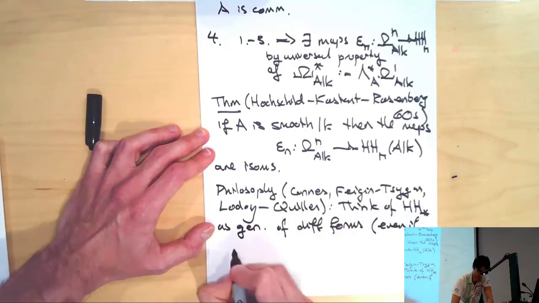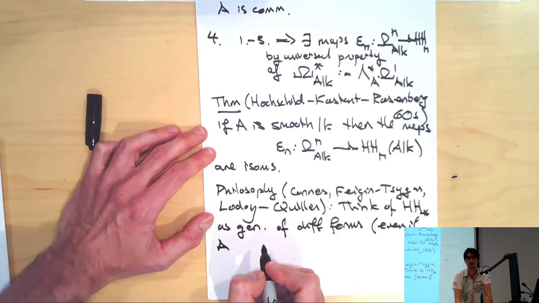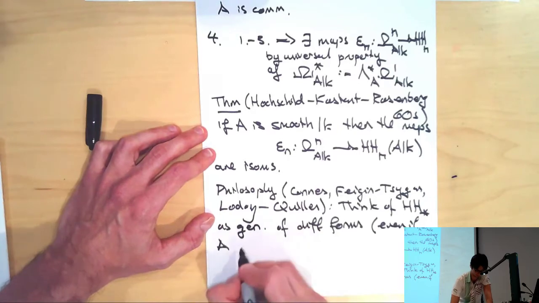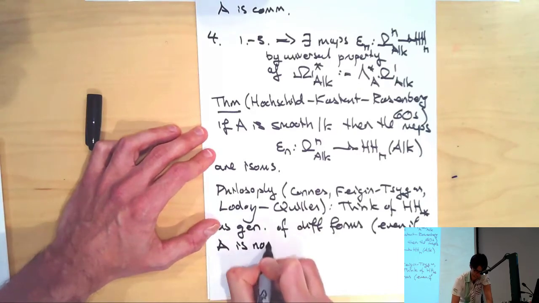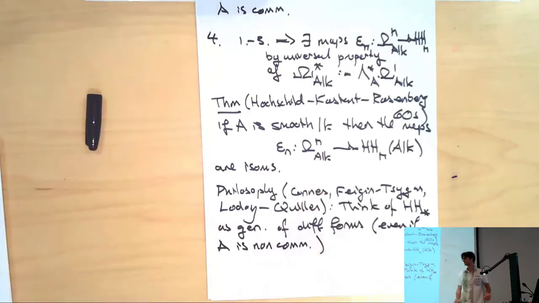Even if A is not just non-smooth, but he goes so far as to say even if it's non-commutative. So it gives you some replacement for differential forms even in the non-smooth or non-commutative context.